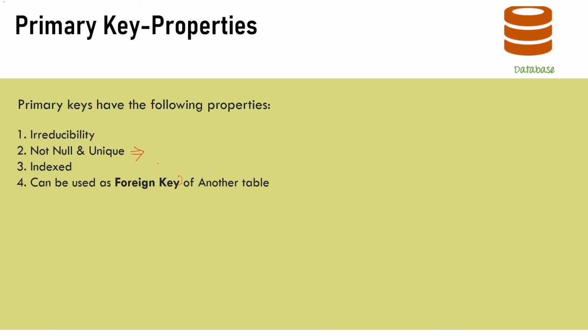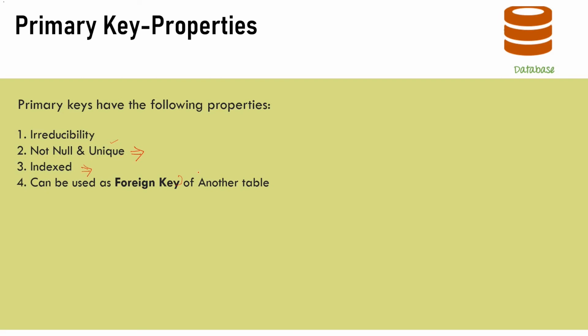Some value must be given to the primary key. A primary key is again by default unique. So unique and not null is the main property of the primary key. Definitely it is irreducible. Another property is that a primary key is by default indexed.